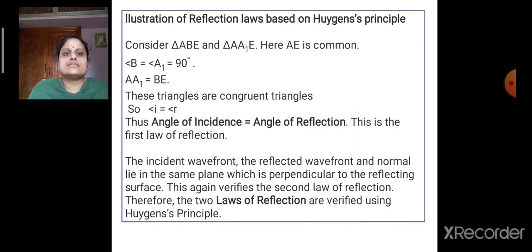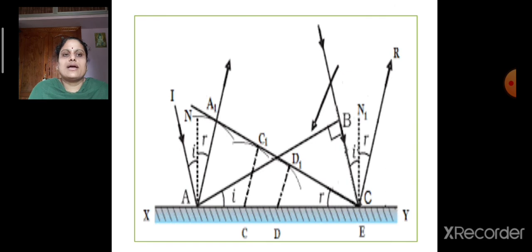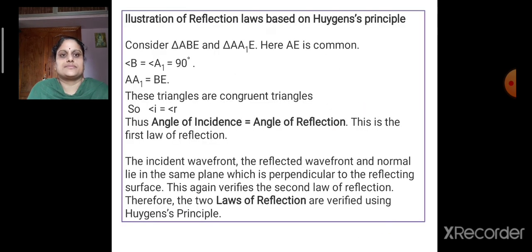These triangles are congruent triangles. So, since sides AA1 and BC are equal and AC is common to them, angle I will be equivalent to angle R. Thus, the angle of incidence is equivalent to the angle of reflection.